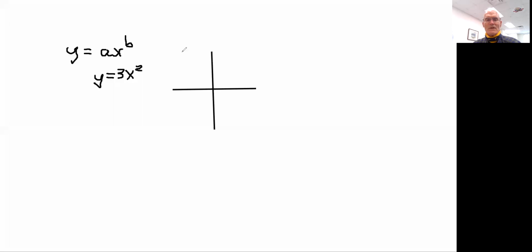And it goes through the origin. Now the 3, remember the 3 makes it a little bit higher, so we go through the origin here and it would come back up like this. Instead of being at the point 1, 1, this point right here would be 1 and 3.